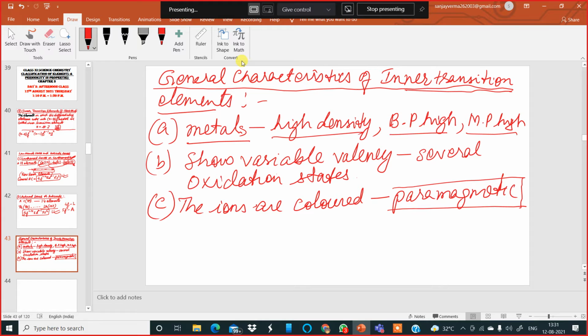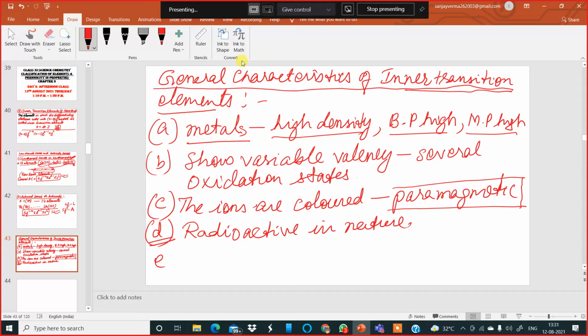Then next, point D of the general characteristics, the most important one over here: they are radioactive in nature. This you have to understand and remember.